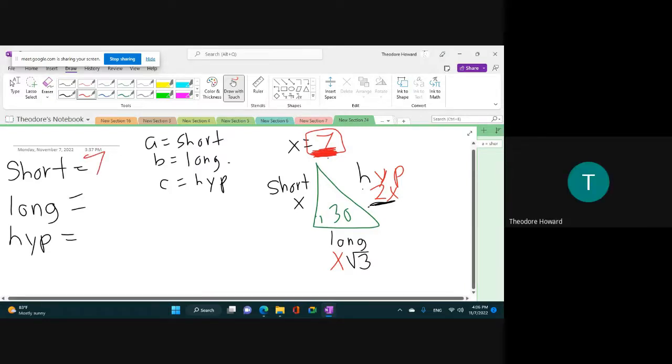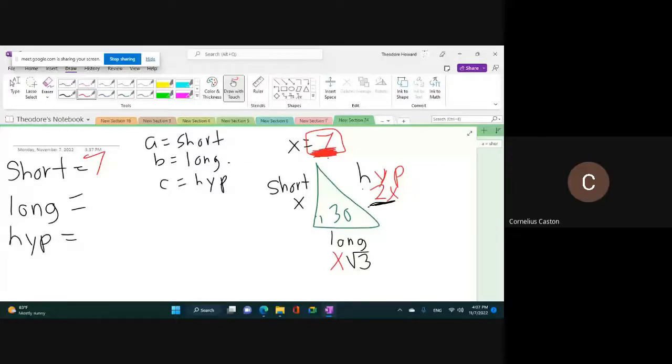So what's the long leg going to be? 7 square root 3. Good job. And what's the hypotenuse going to be? 14.